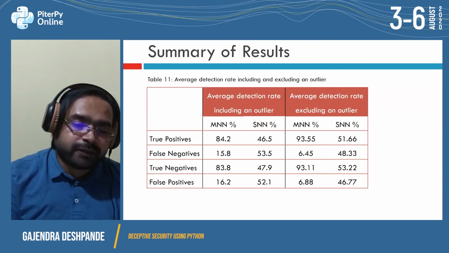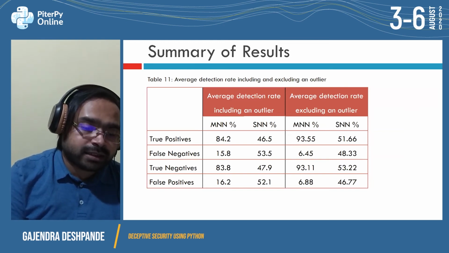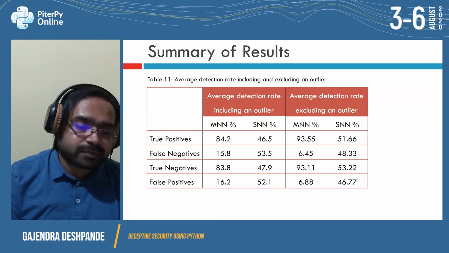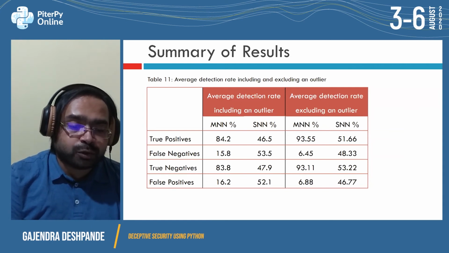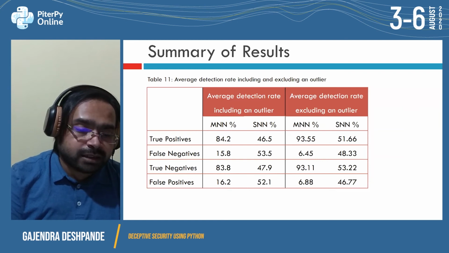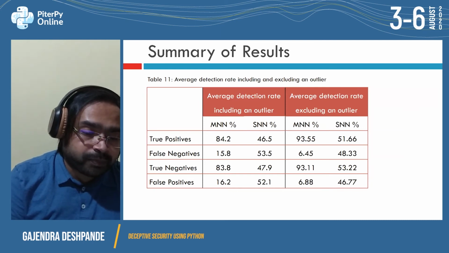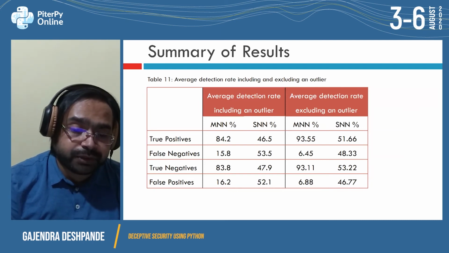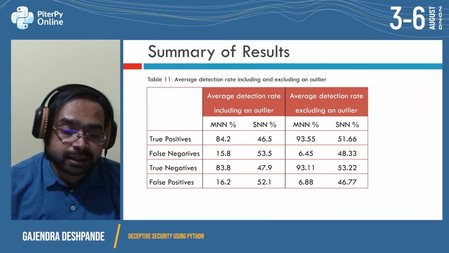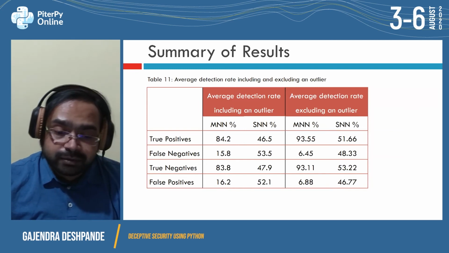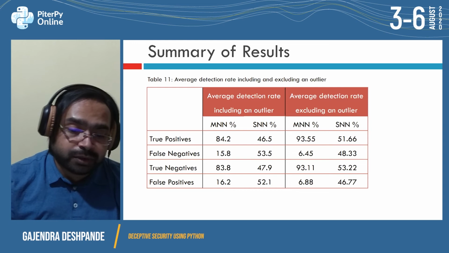Okay. So the average detection rate, including and excluding outliers, is mentioned here. You can observe here, true positive results are always better when we are using the modular neural network. Almost it is double. When you use the single neural network, we are getting lower results compared to the modular neural network.